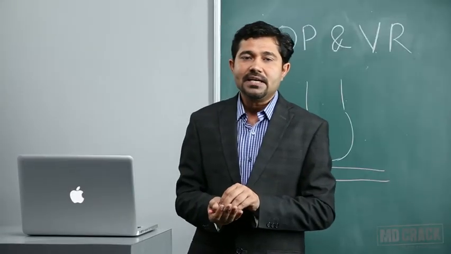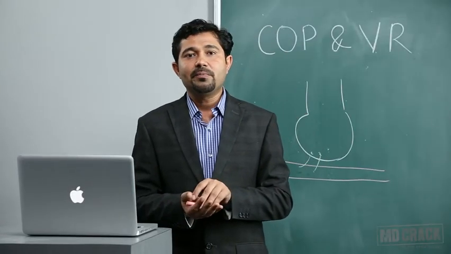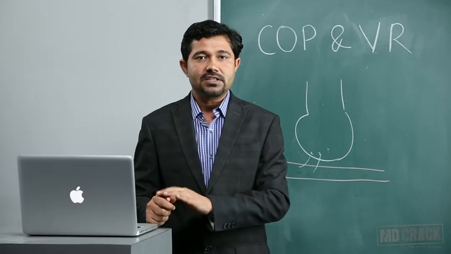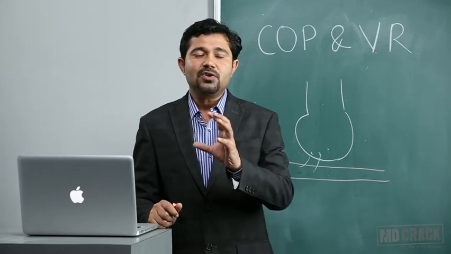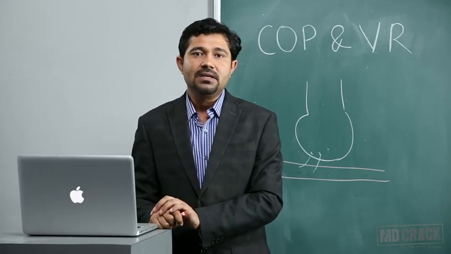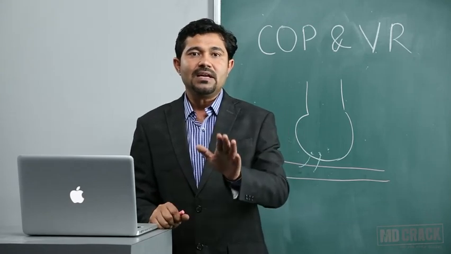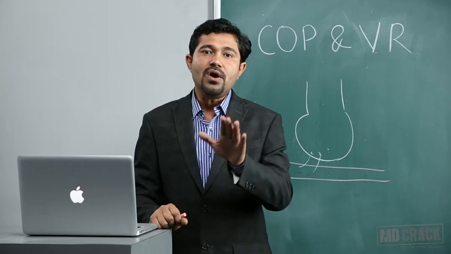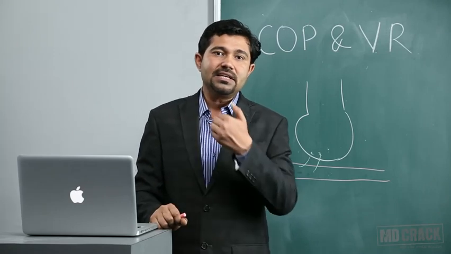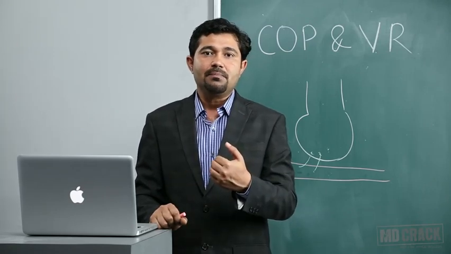Now, what do we mean by cardiac failure? The heart is not able to maintain the cardiac output of 5 liters per minute. So if the heart is not able to maintain the cardiac output, what will happen? Suppose it pumps out only 4.5 liters per minute. 0.5 liters is still remaining. That 0.5 liter is added to the venous return, which is continuous, 5 liters per minute.